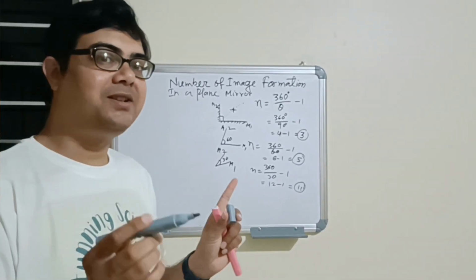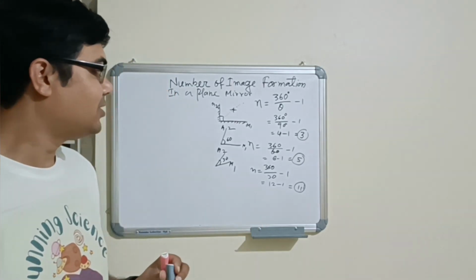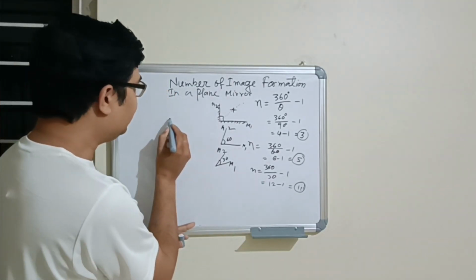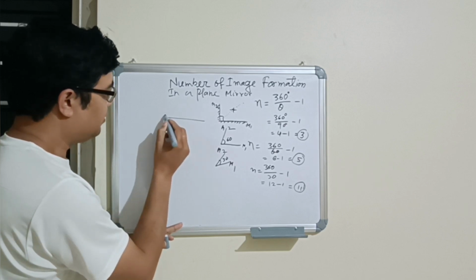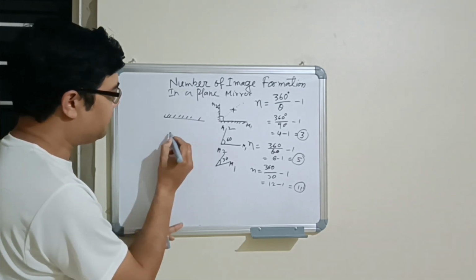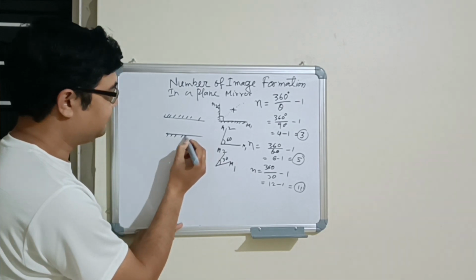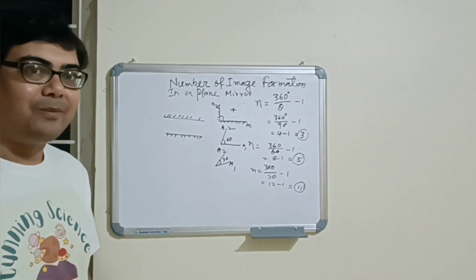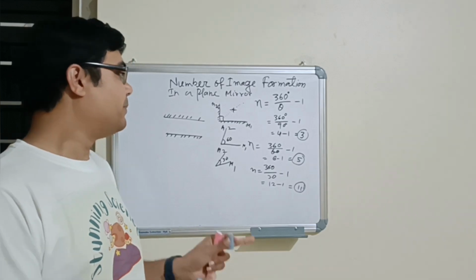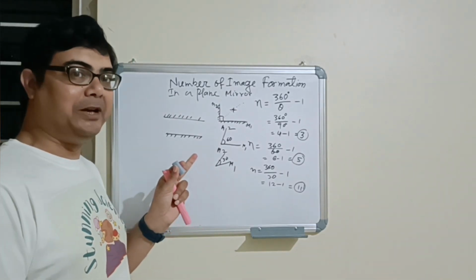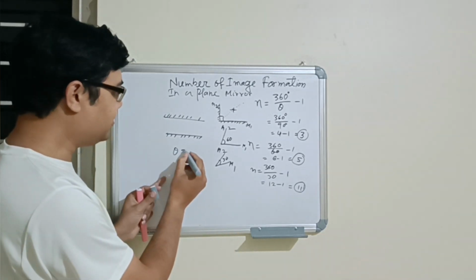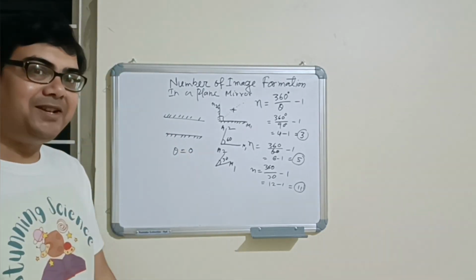There is another interesting thing I need to highlight. If the two plane mirrors are parallel to each other, what do you mean by that? If they are parallel to each other, then the angle between them, theta, is equal to 0 degree, right?